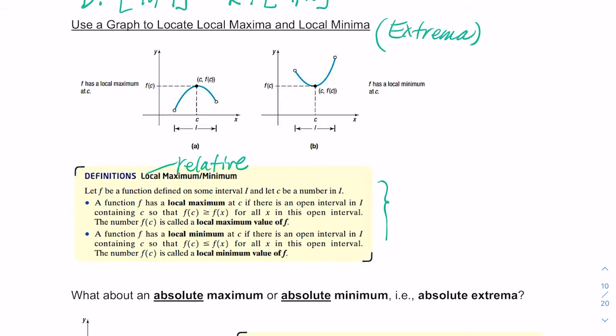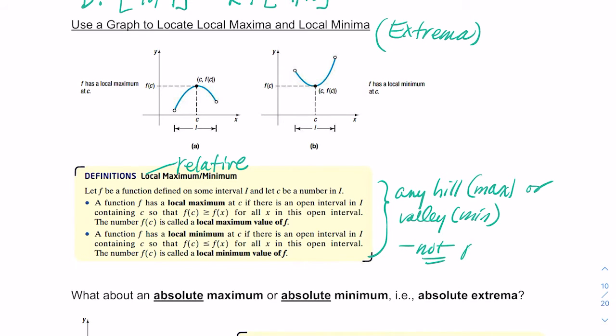And basically, if we were to summarize this, it's any hill, okay, that would be a max, or valley, which would be a min. Points don't count. So if you see just a point on a graph and it's not on a hill or in a valley, it's not considered a max or a min.